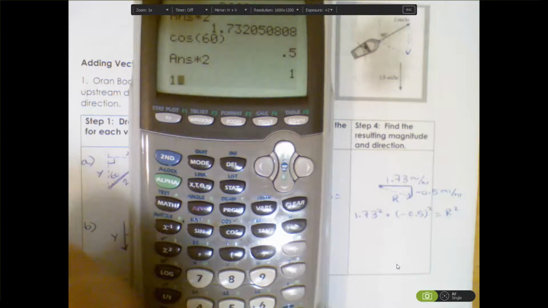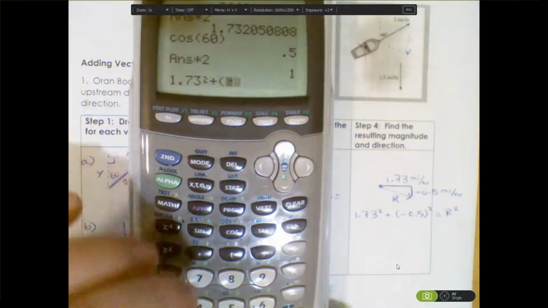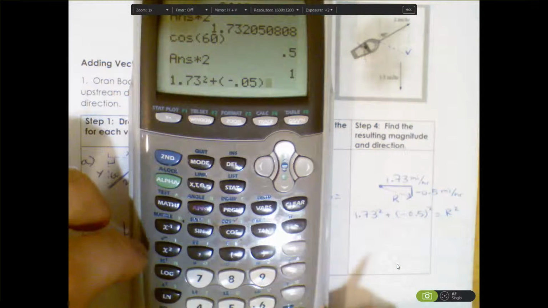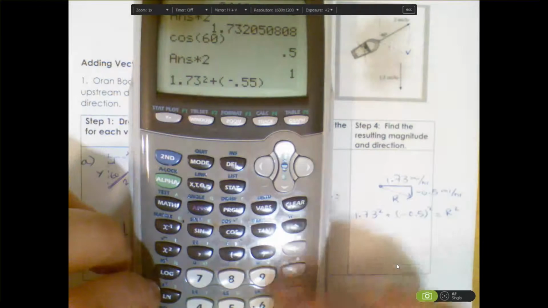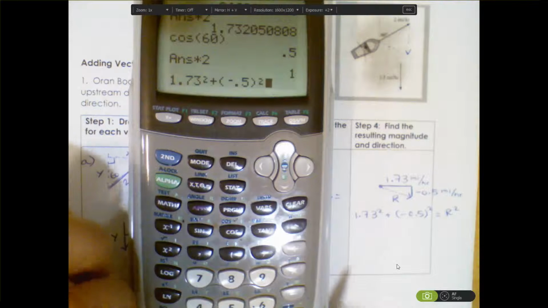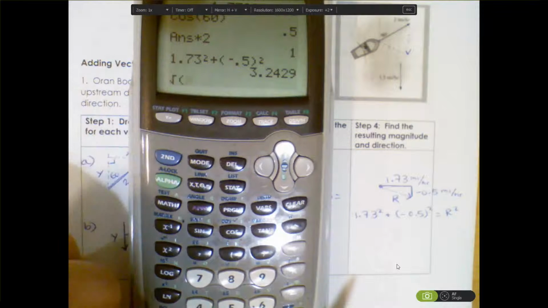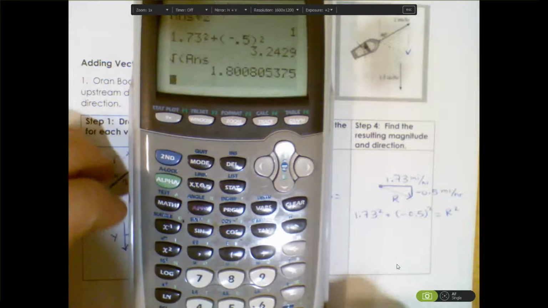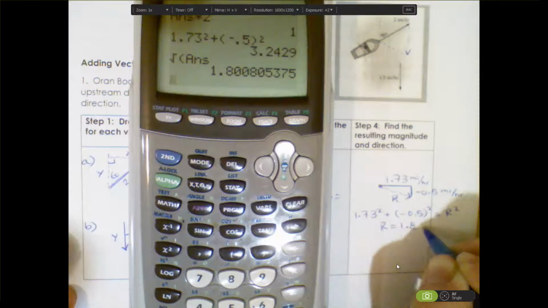Okay, 1.73 squared plus negative 0.5 squared. And then I have to take the square root of that. So r equals 1.8, and this is going to be miles per hour.